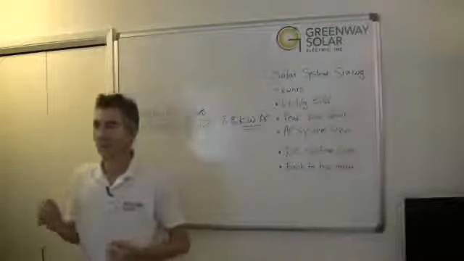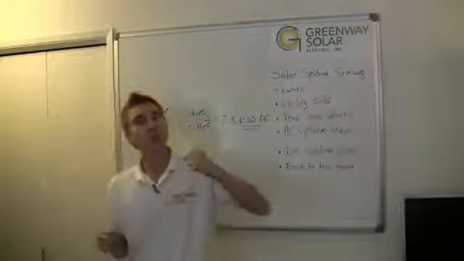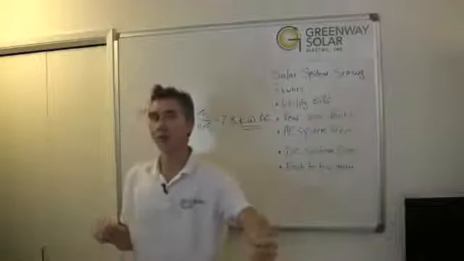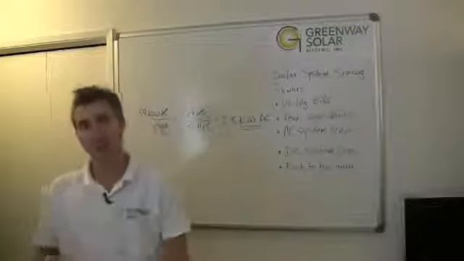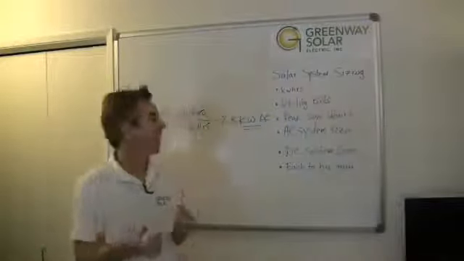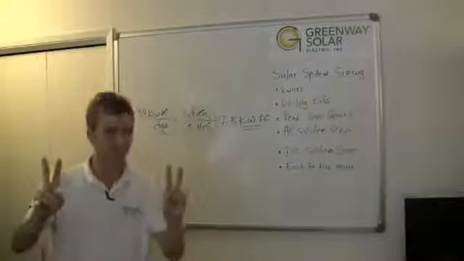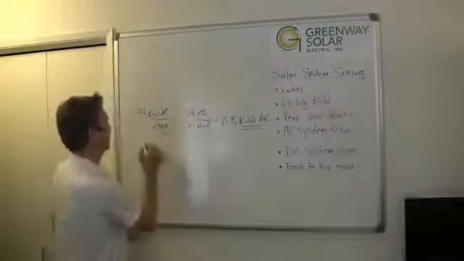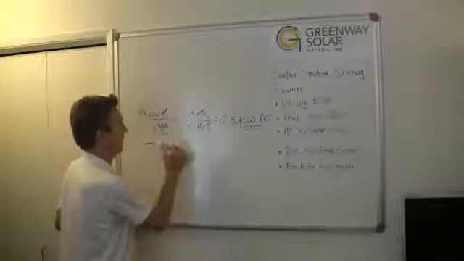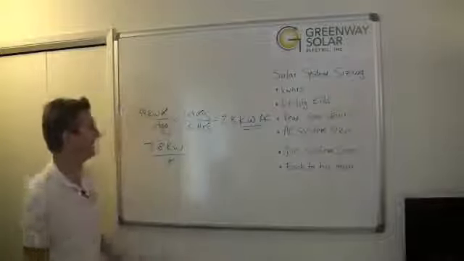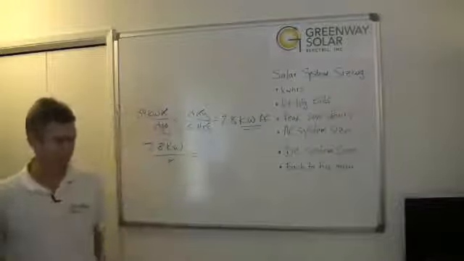Now, unfortunately, all the power that's produced in DC form, we do not get in AC form. There is some loss, okay? And it's about, ballpark, a 20% loss. So, we're going to do 7.8 kilowatt, and we're just going to divide by 0.8. That's going to give us about 20% more.